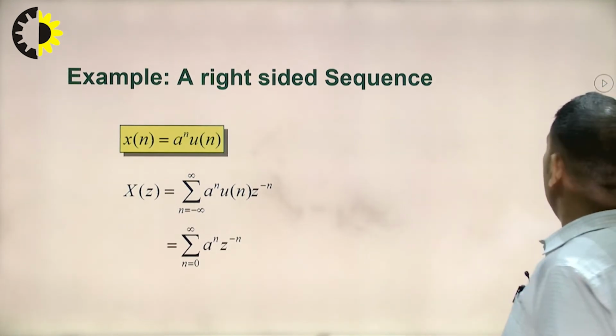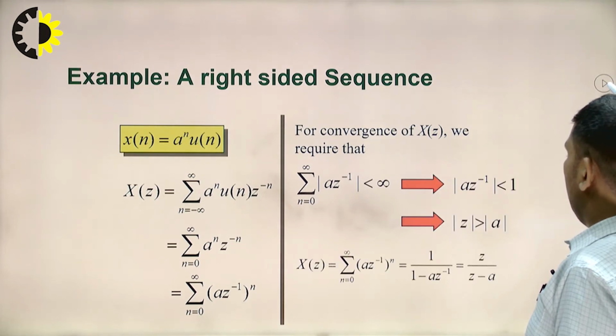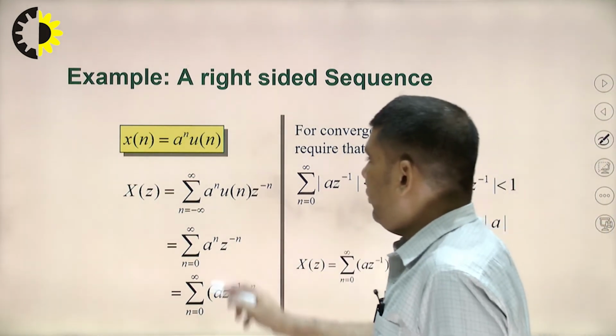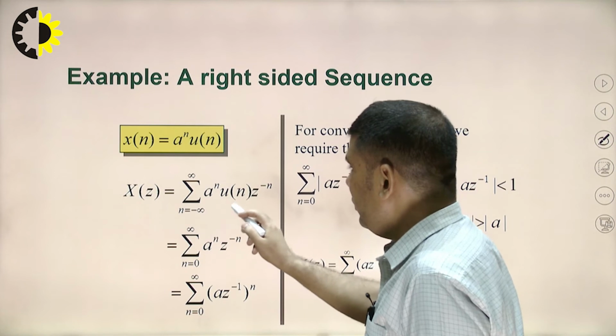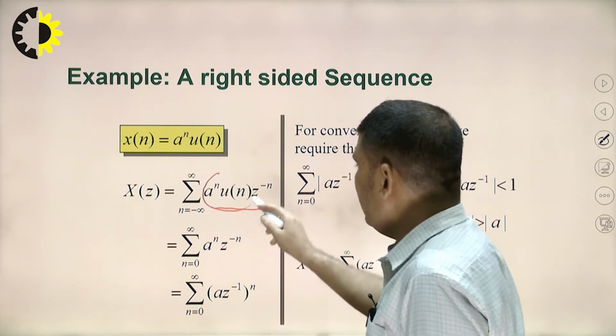If you solve it out, then X(z) is equal to the summation of x[n] times z^(-n). So x[n] was this one.